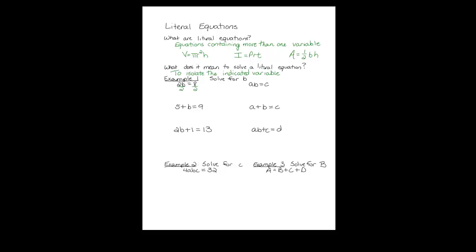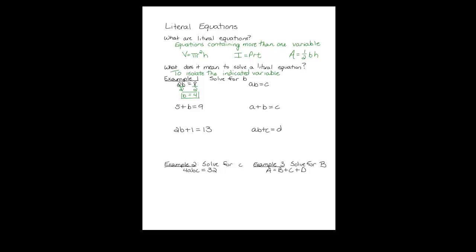And then our next step, of course, is to simplify. Over here, the 2's cancel and leave you with 1b, or just b, equals, and then you reduce what is on the right-hand side, or simplify it in any way you can. 8 divided by 2 is 4. All right, this we've done before.